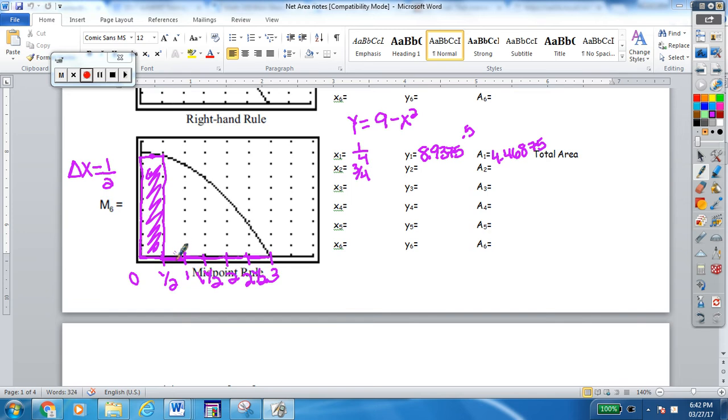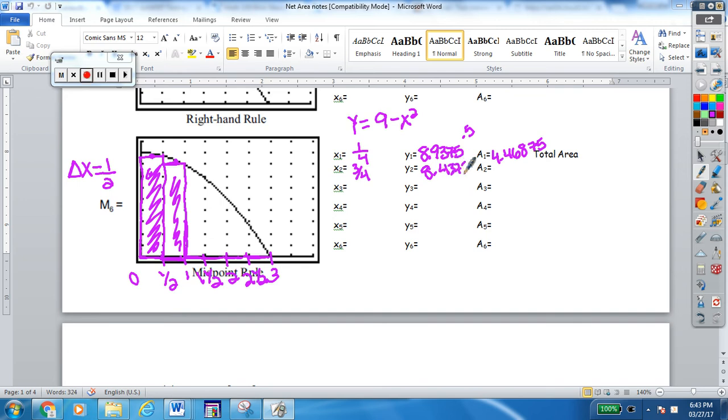We're going to draw an imaginary line up. Once we get to the curve, we draw our rectangle that height, making sure you're still going from 1/2 to 1. But again, the height is now determined by that 3/4. If we plug in 3/4, it's going to be 9 minus 9 over 16, which my calculator says is 8.4375.